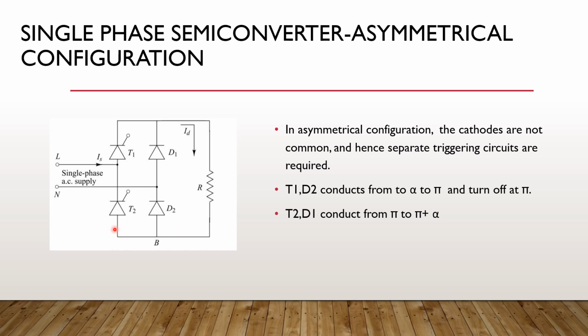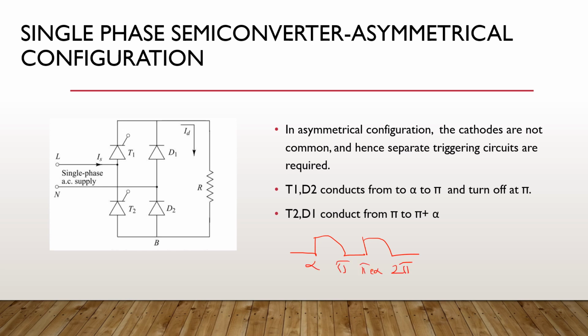Then from pi plus alpha to 2 pi, it will be T2 and D1 conducting. The output voltage waveform looks exactly the same, right? So the resistive load does not change the output much. So the waveforms for the asymmetrical configuration are also like this: alpha, pi, pi plus alpha, and 2 pi.